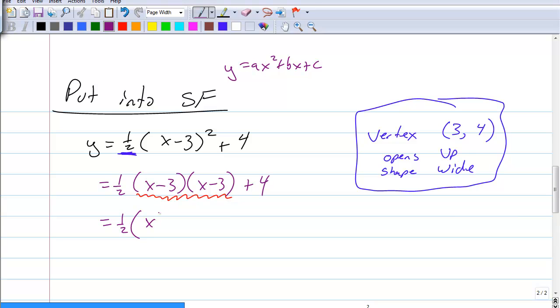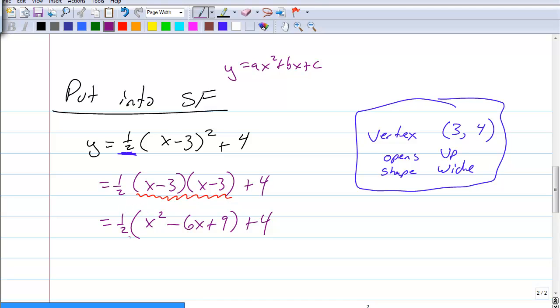This is going to be x squared. Now, here's the thing. x squared minus 3x minus 3x, so it's minus 6x. -3 times -3 is plus 9. I skipped a step there. If you got questions, make sure you come and ask me those later. But I put parentheses because we still got this 1/2 to deal with.